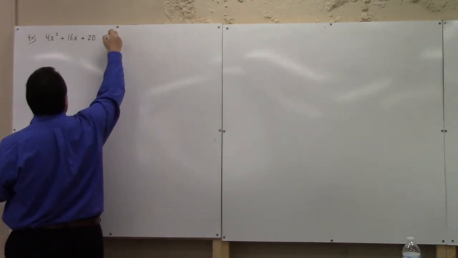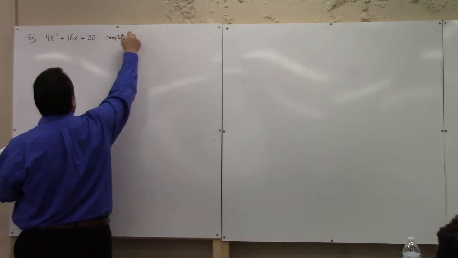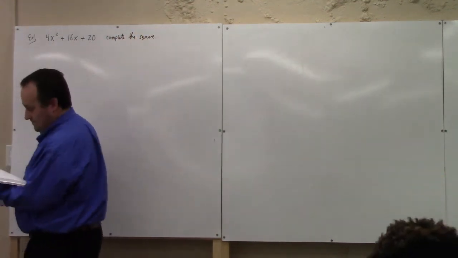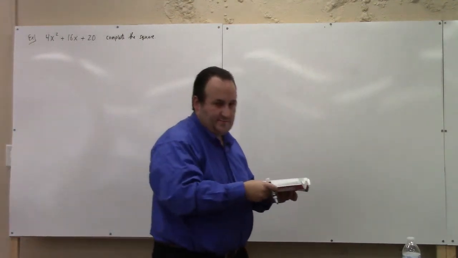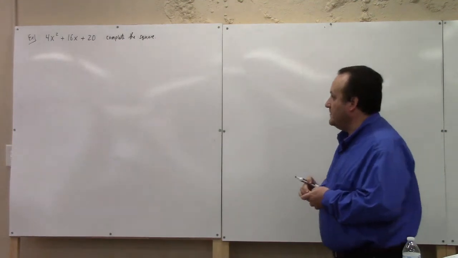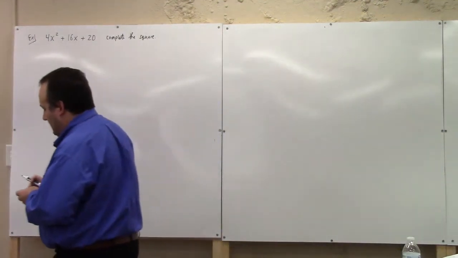I want you to complete the square. Then we'll get to the factoring, all right? But I do need to mention the completing the square thing. I will ask you to complete the square, I think, on the quiz.